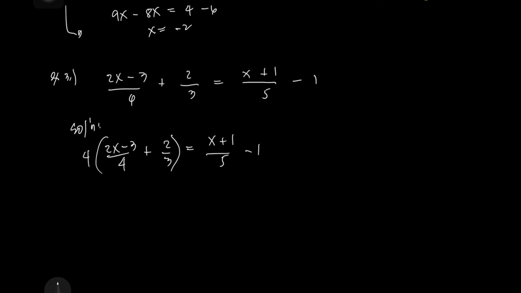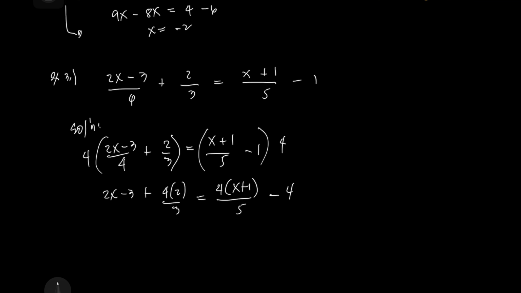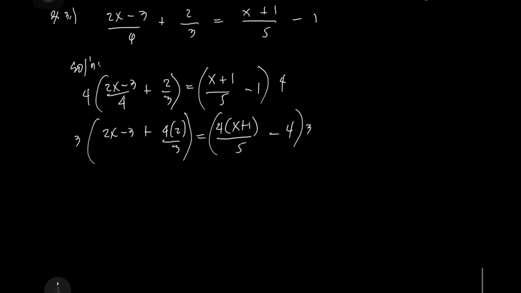You can multiply by 4 first to eliminate 4. So we have 2x - 3 + 4 times 2/3 = 4 times (x + 1)/5 - 4. Then eliminate 3 by multiplying 3 on both sides.